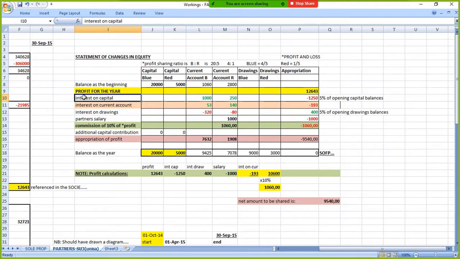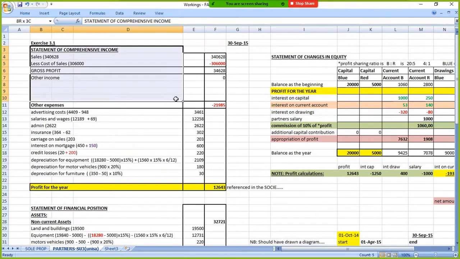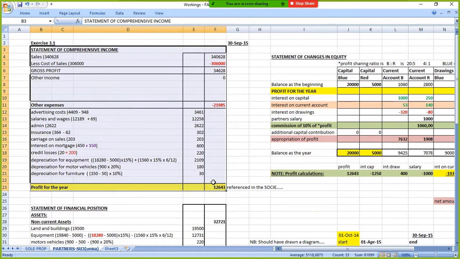Notice none of these, interest on capital, interest on current account, interest on drawings, partner salary, none of them went here in the statement of comprehensive income. Please remember that. You never, ever, ever show partner-specific transactions here, because remember, this is not the partner, this is the business. The business is separate from the partnership.